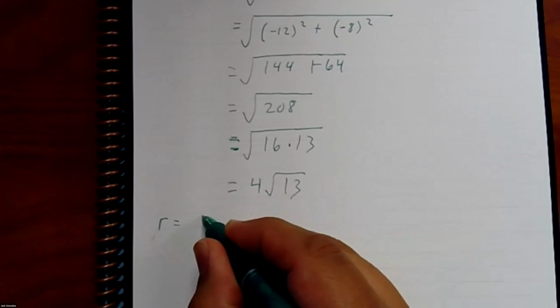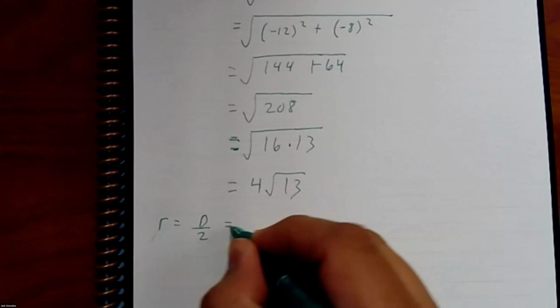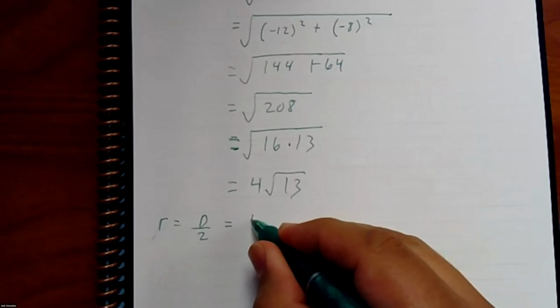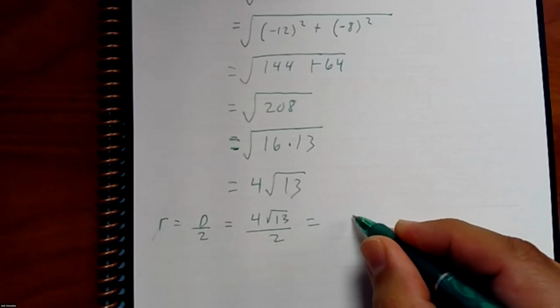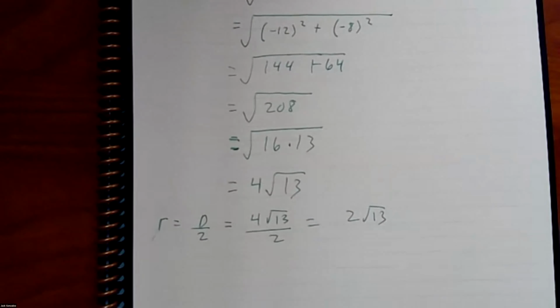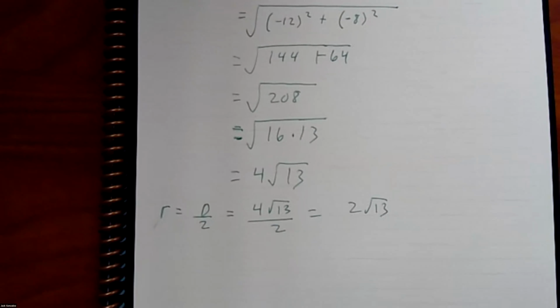Radius is equal to diameter over 2, which is half. So divide this guy by 2. So 2 root 13 is my radius. It's not very pretty, but that's what it is. So we have the radius.